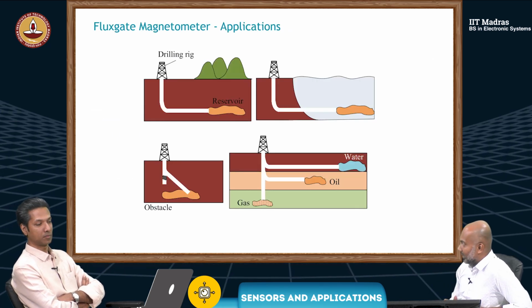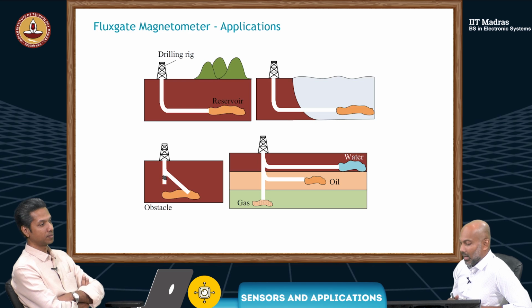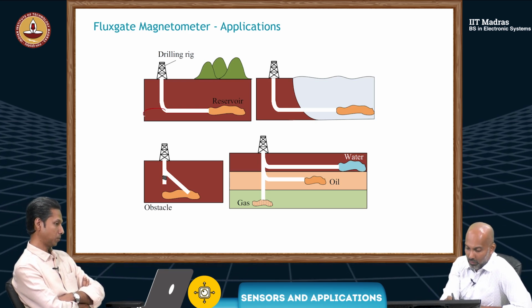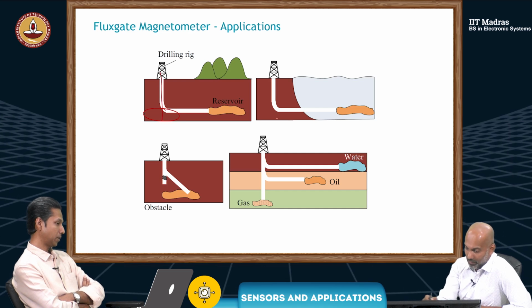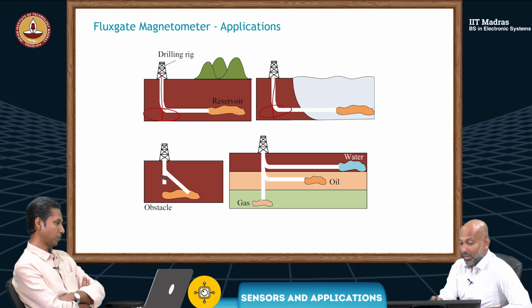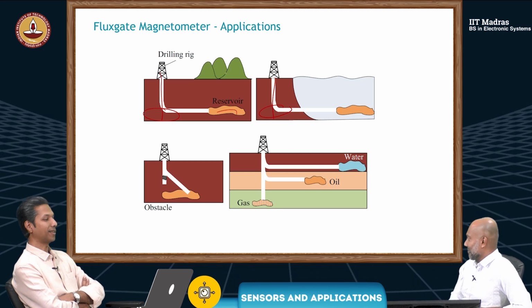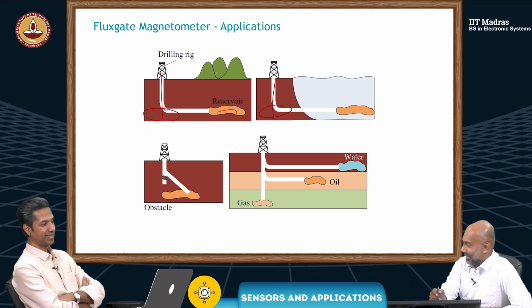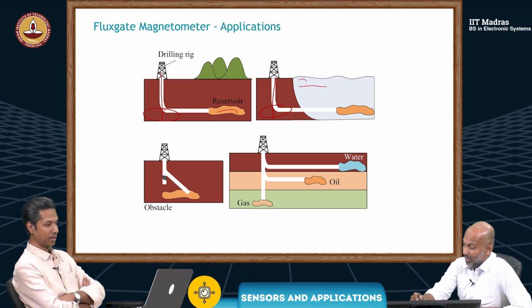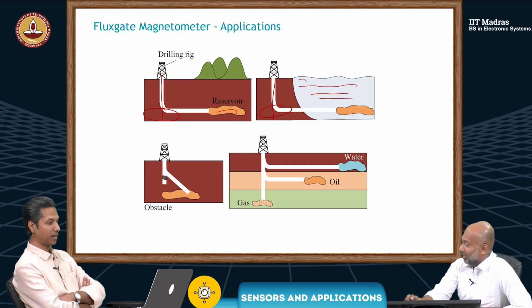But the problem is, generally, ideally you would have your reservoir somewhere here so you can drill straight. But sometimes, let's say your reservoir might be under a mountain, so you cannot actually go here. Or your reservoir could be under the sea.